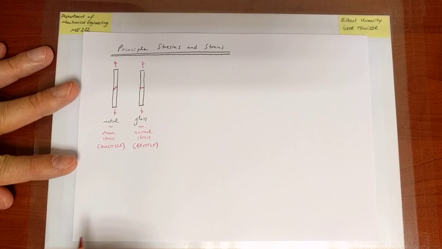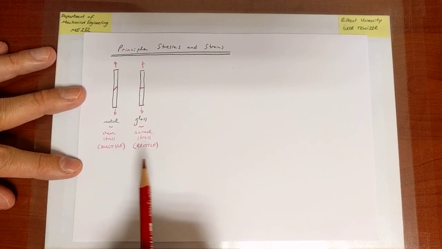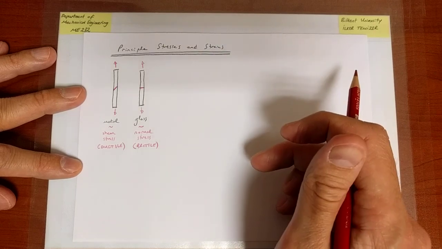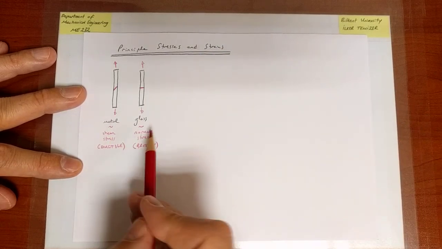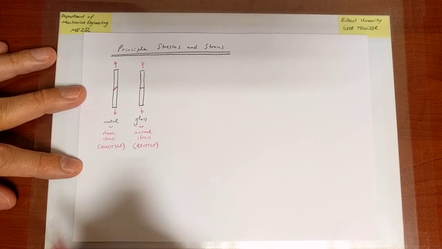We're going to characterize those in more detail. But depending on what the structure is made of, we are interested in answering the question, well, where does failure occur? And we want to interpret how it occurs.